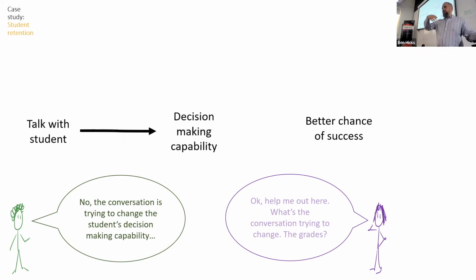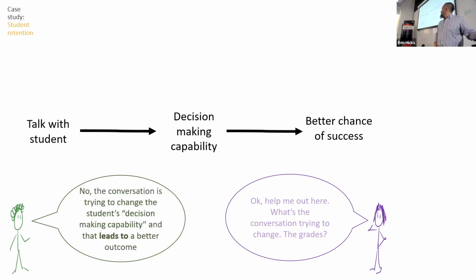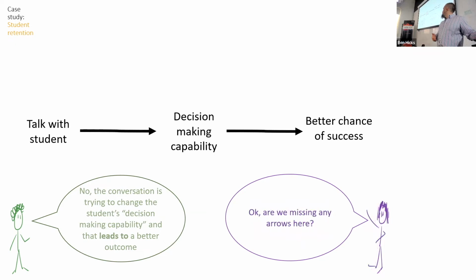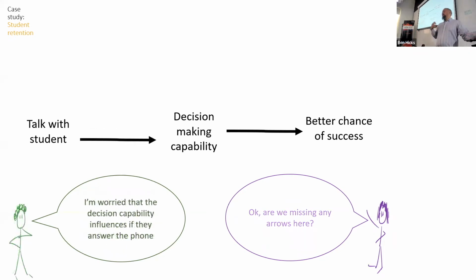And so this is where we brought in this intermediate variable, because we're not changing the grades. We call and talk to them and the grades get better. We hopefully influence their decision-making capability, or something around their academic capabilities about what they're doing, and that in turn helps them have a better educational outcome.